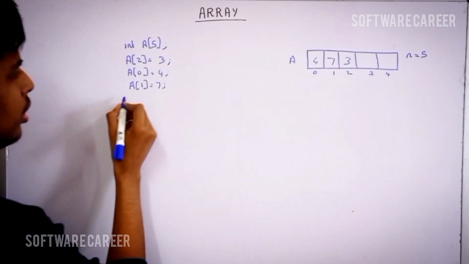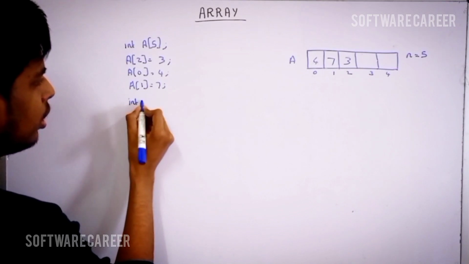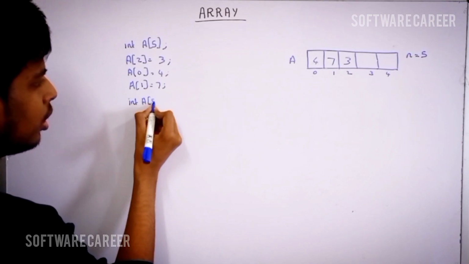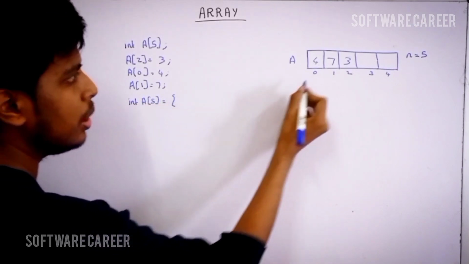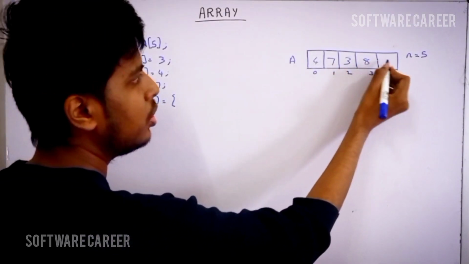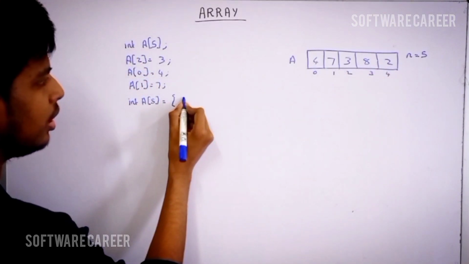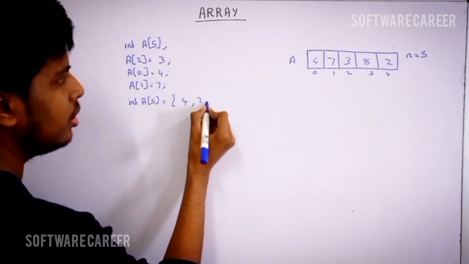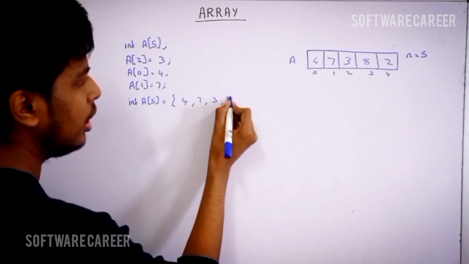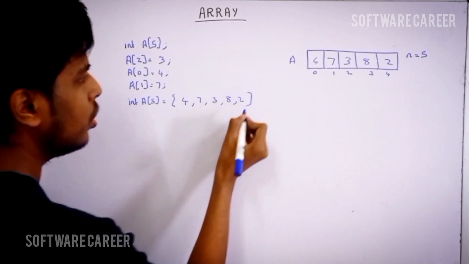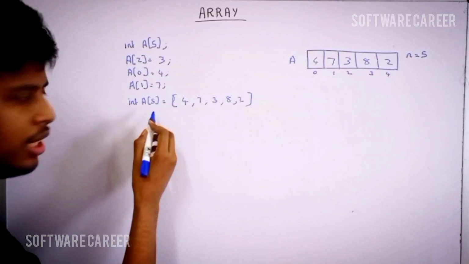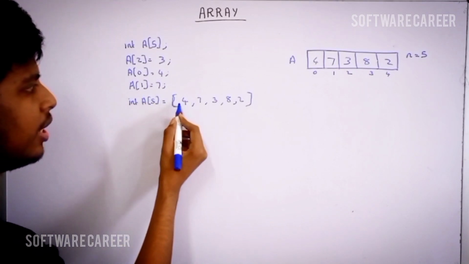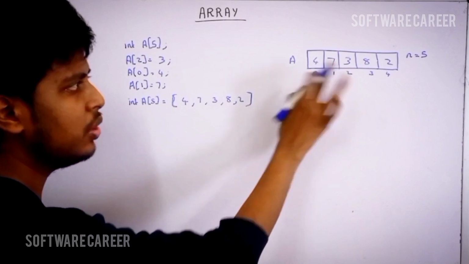Let's see that. int a[5] equals, in brackets. Suppose I am inserting 4, 7, 3, 8, 2 in this array. I can write here 4, 7, 3, 8, 2. I have created an array of size 5 and put the values 4, 7, 3, 8, 2 here.